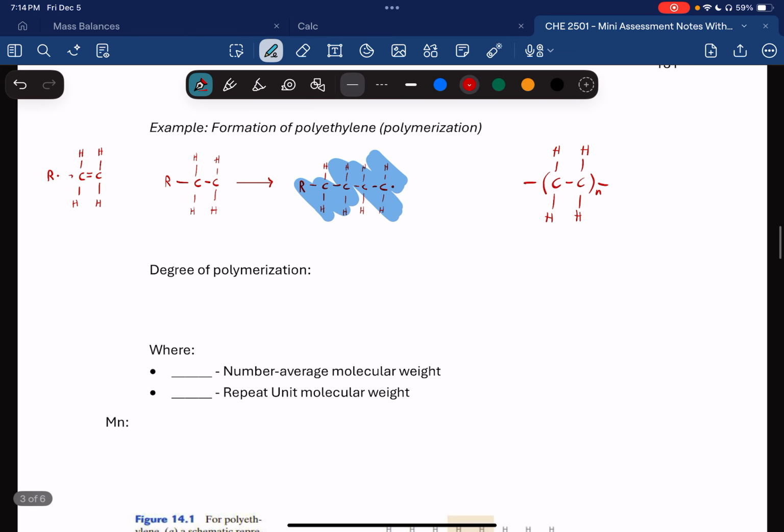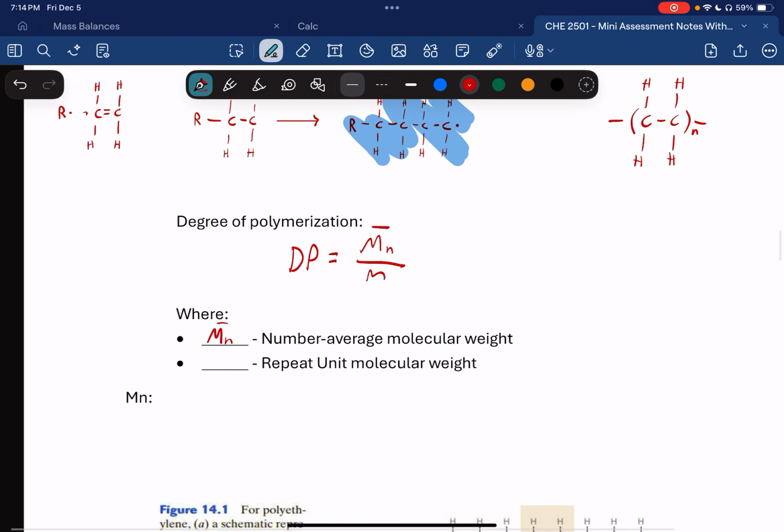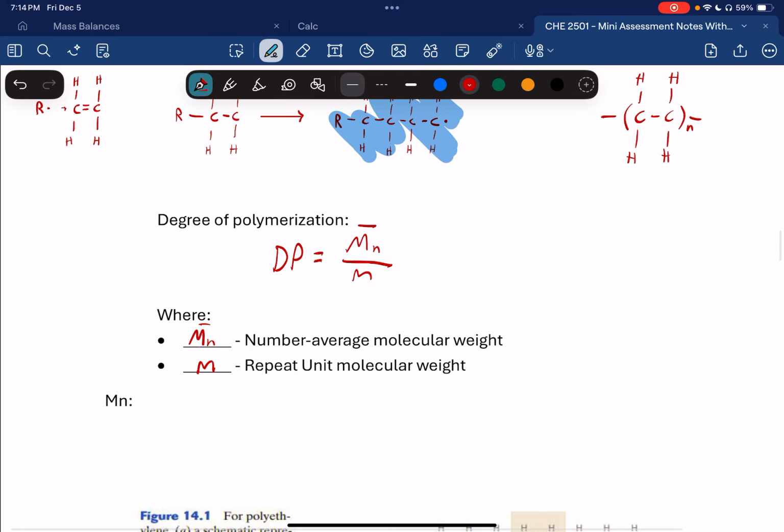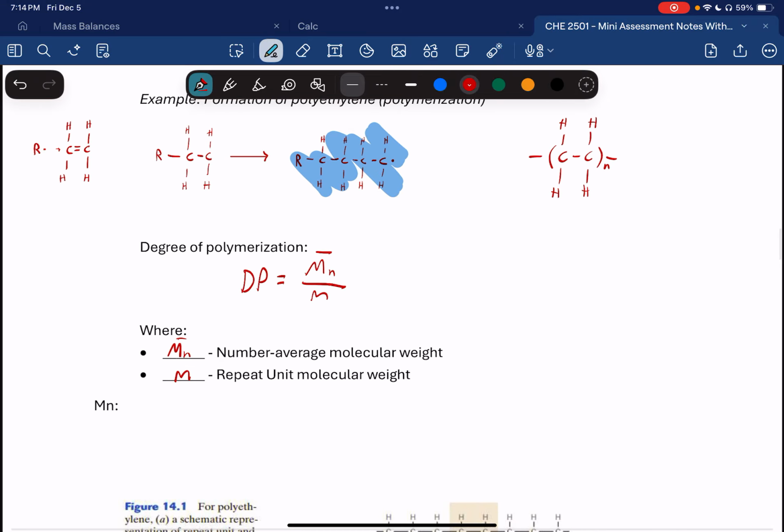So yeah, degree of polymerization is directly correlated with this. We can find this with a very simple equation. It looks a little like this. So we see Mn here is the number average molecular weight, pretty simple. And then M is the molecular weight of the repeat unit, so the monomer.